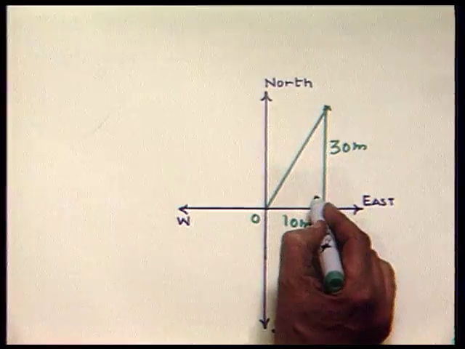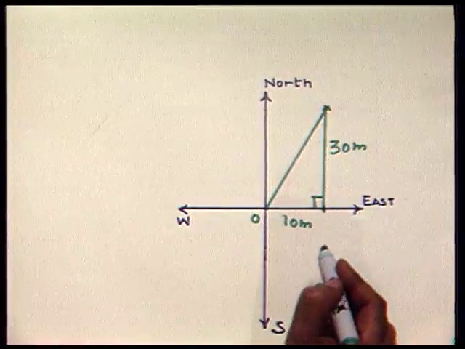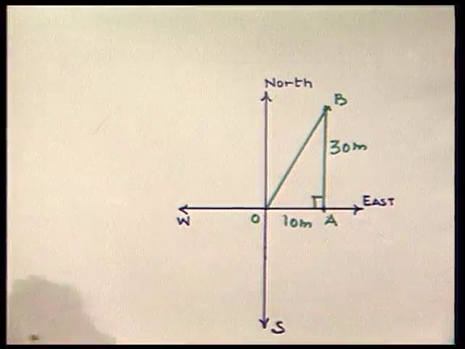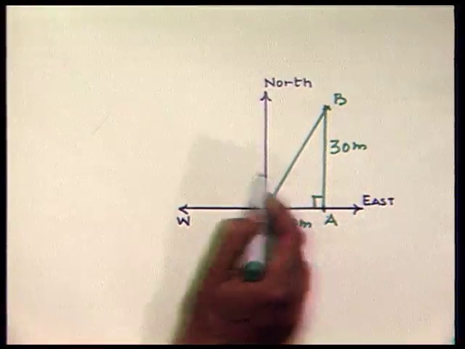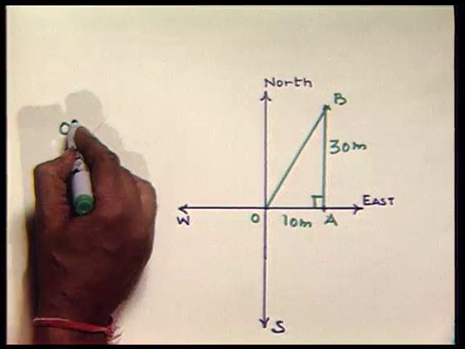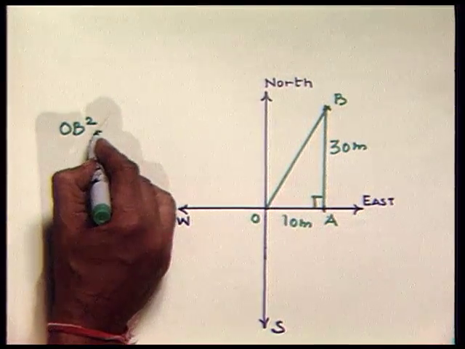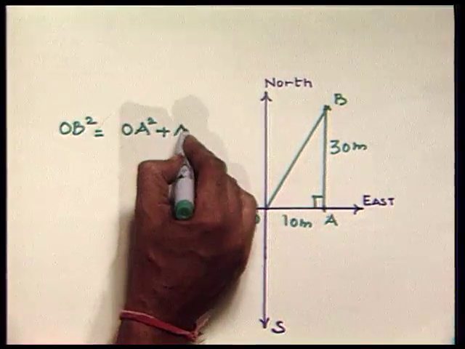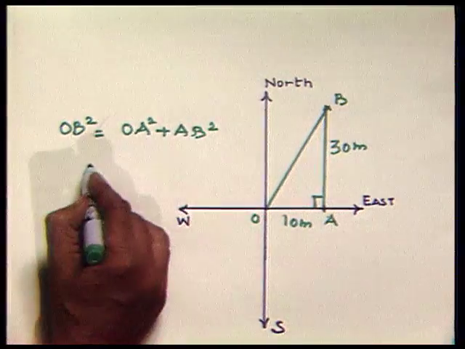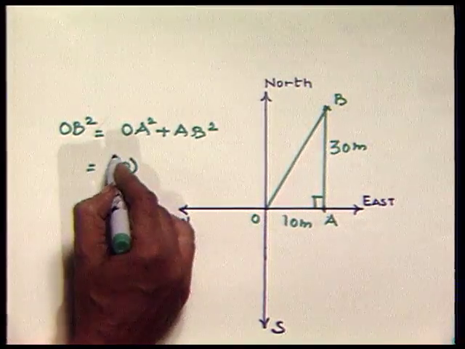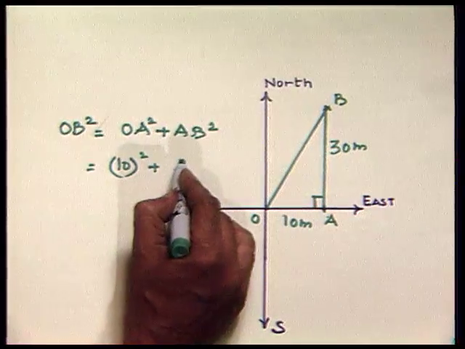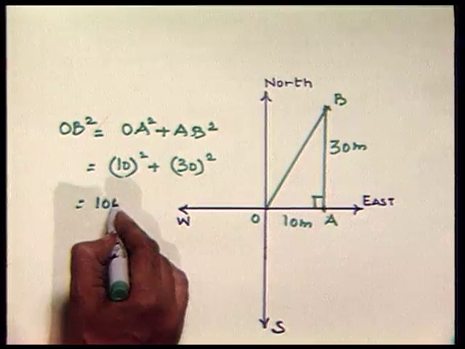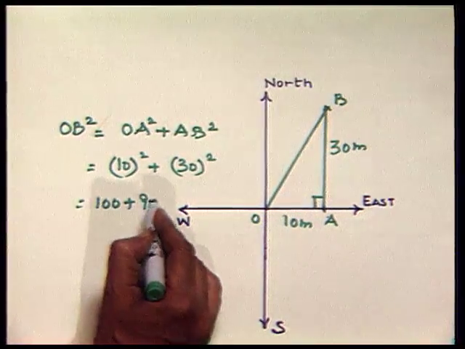If you look at this triangle, here this angle is 90 degrees. Name this point as A and this point as B. Opposite to 90 is the hypotenuse. So, according to Pythagoras theorem, OB square equals OA square plus AB square. OA being 10, this is 10 square plus 30 square, that makes it 100 plus 900.